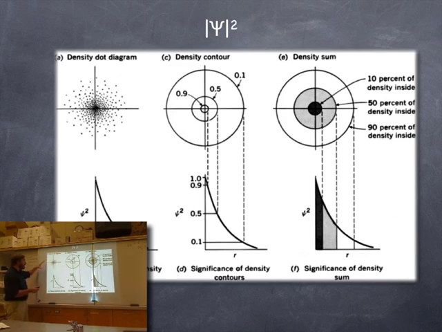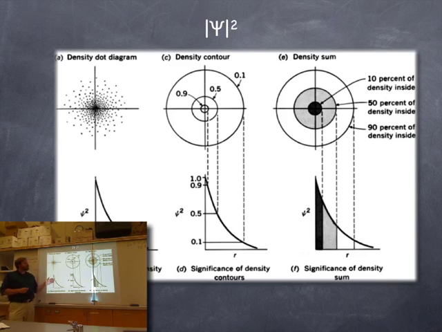But what we're interested in is these contours, these regions where we ask, where do we have 90% of the chance of finding the electron?